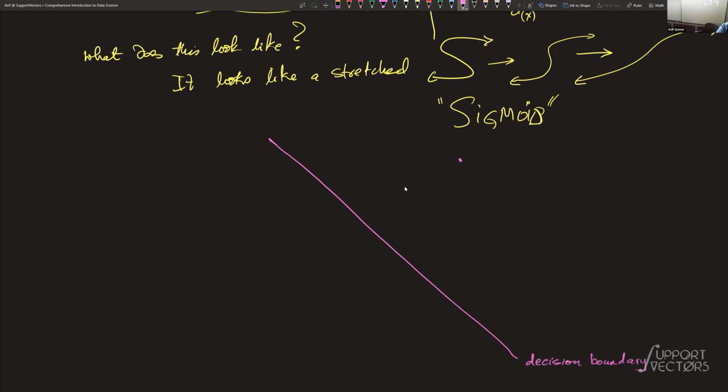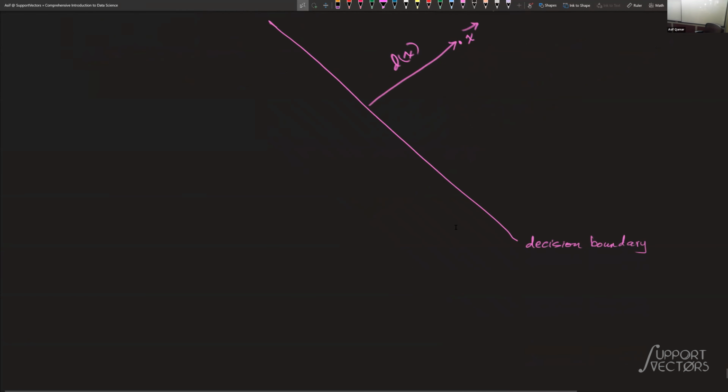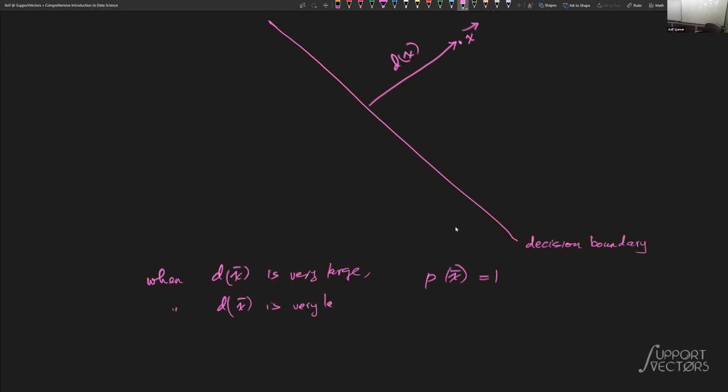I will remove everything else and just draw the decision boundary. For a point x, this is d of x. Now let's look at the characteristic of this function. We know that when d of x is very large, p of x, the probability that it's a cherry, is approximately equal to 1. When d of x is very large negative, p of x is equal to 0.